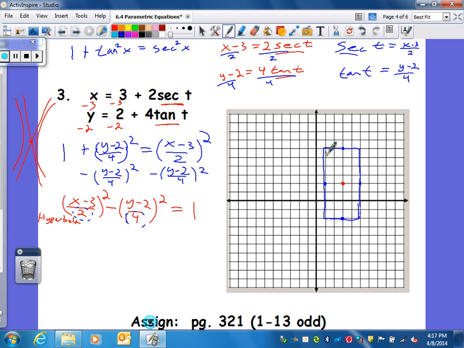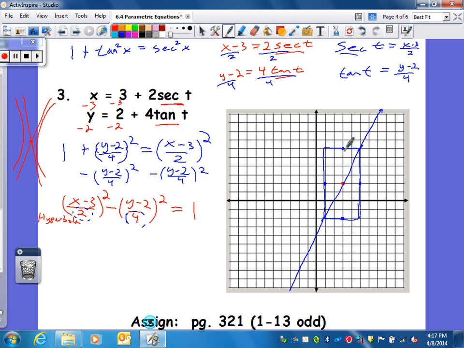Once you have that box, the key is if you connect the corners of your box through the center, that creates what I would call a natural asymptote. If you wanted the actual formula for that, I'm going to write it.